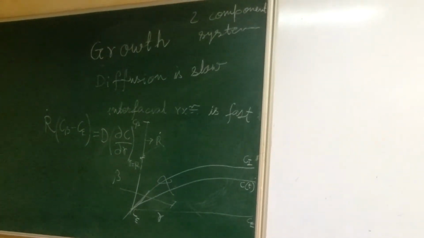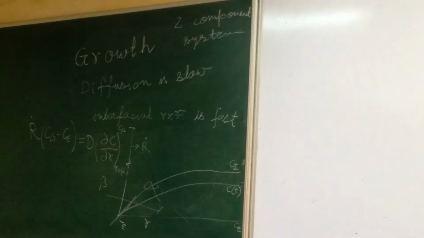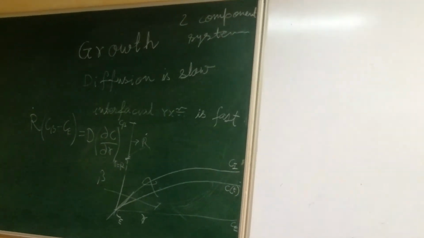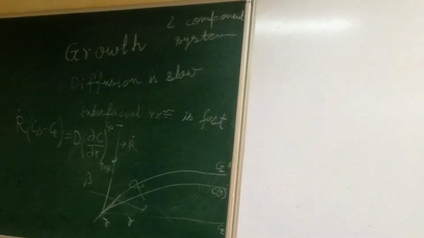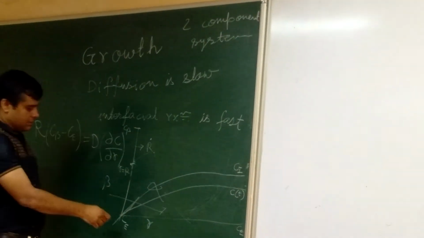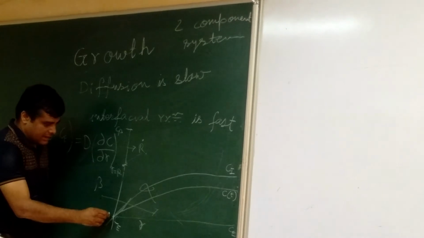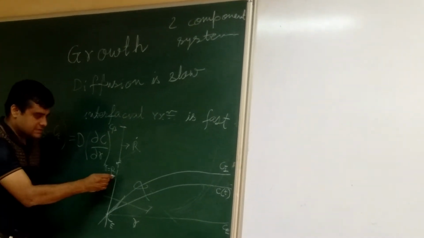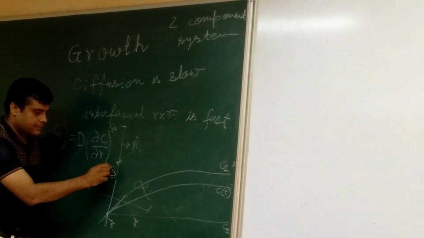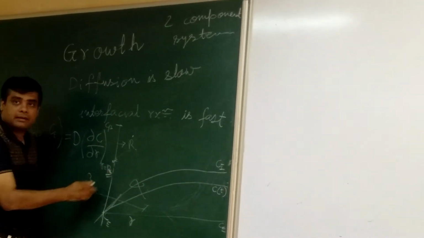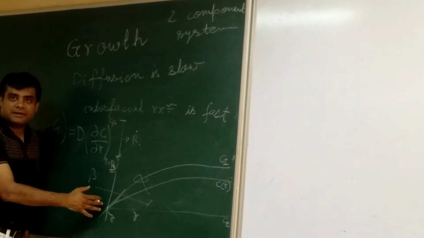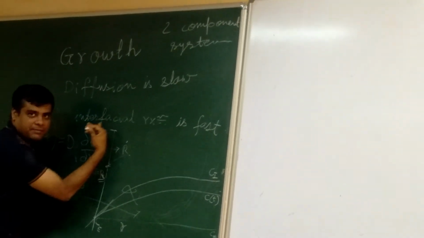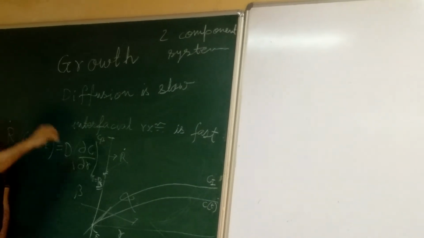Why am I taking it as r? Because usually this is a spherical particle, so it is the radius. At a particular point of time, say the radius is capital R. The radius of the spherical particle is capital R. Although I drew a planar thing, it is spherical.